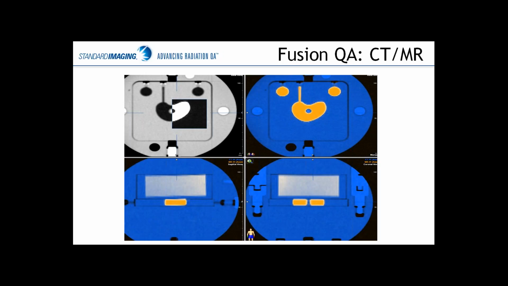This is just a screenshot showing a CT MRI Fusion QA. So in the top left, we've got our MRI image of the Lucy Phantom with that irregular ROI, and a CT image as well, showing the mapping of those two.